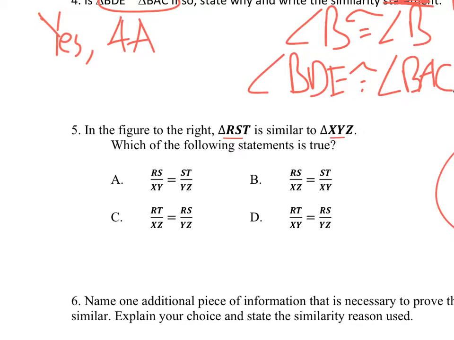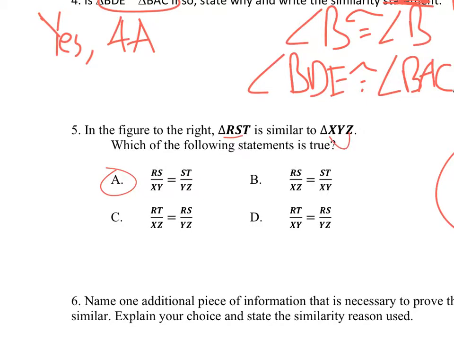Then we go ST to YZ. So it's the second and third letter and second and third letter. So that one works. Okay, let's check B. So B, we now have RS again, but now we have XZ.